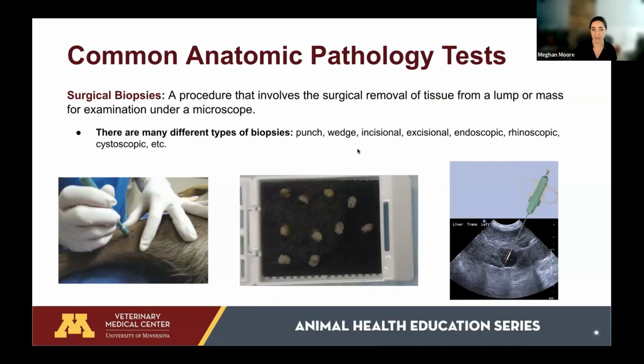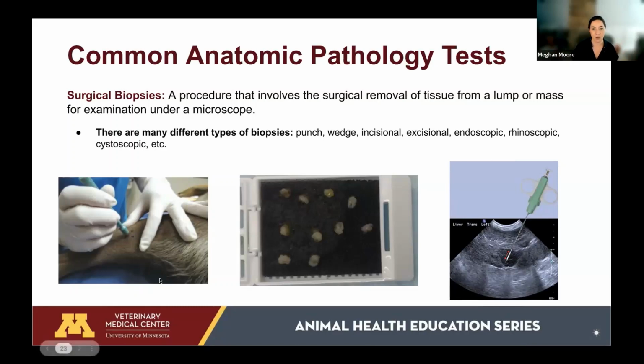Some of the common types of biopsies that we look at are punch biopsies. So the image on the lower left there is showing a cutaneous or a skin punch biopsy that some of you may have also experienced if you have visited a dermatologist. This is how they will sample any kind of freckles or moles or things that they might want to look at.